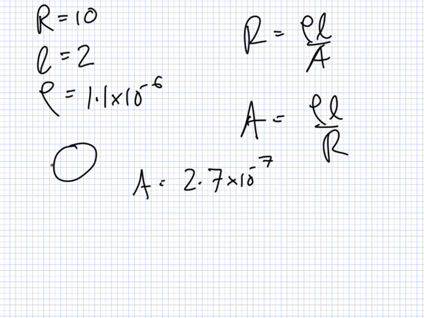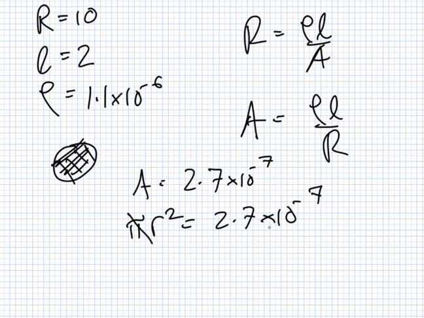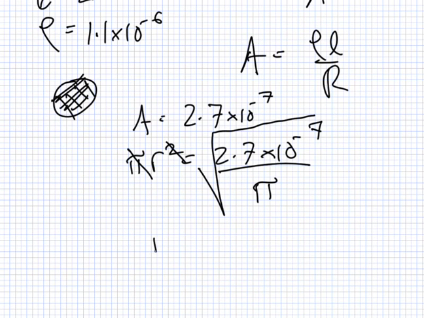But if it's a circle, what's the formula for area? Pi r squared. So if I divide by pi, and then if I square root, I get r equals 2.646 times 10 to the minus 4.